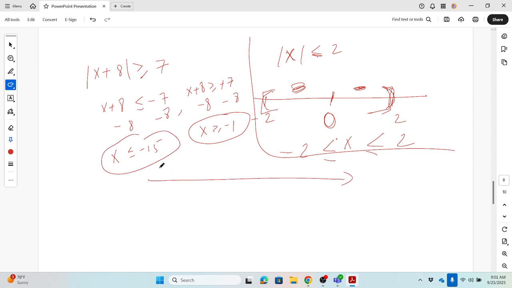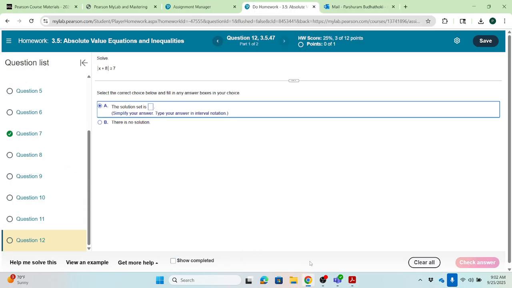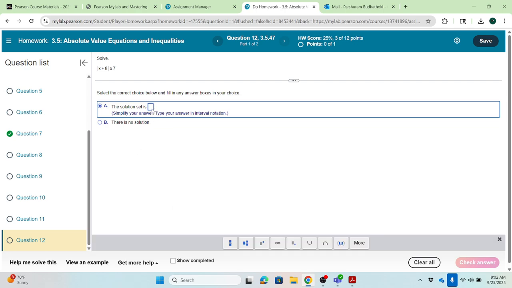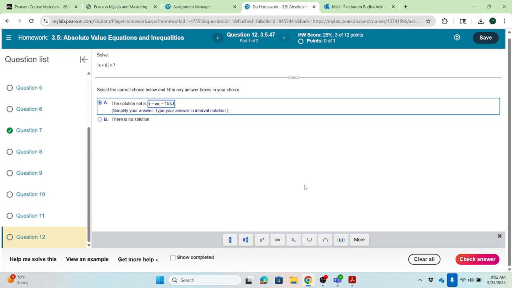Anything greater than or equal to -1, and less than or equal to -15, any number from here and any number from here, they satisfy this inequality. So the answer is supposed to be in interval notation. It's anything to the left of -15, including -15, and you have to use the union sign.